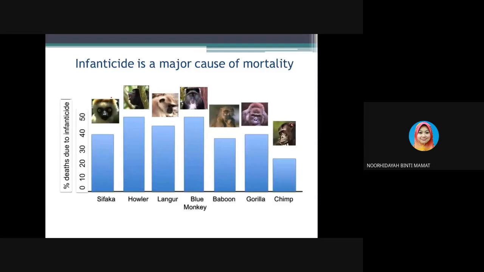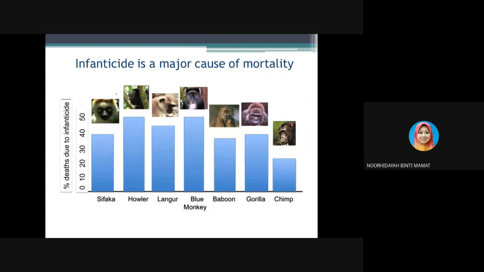So infanticide is a major cause of mortality, because it gives benefits to the males, so the male normally will kill the infants, and it causes a major share of mortality.